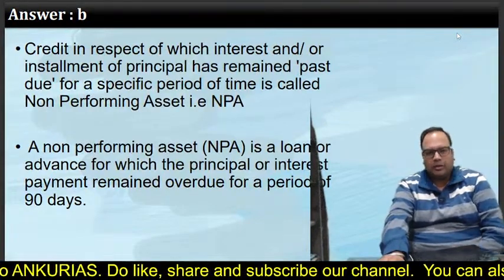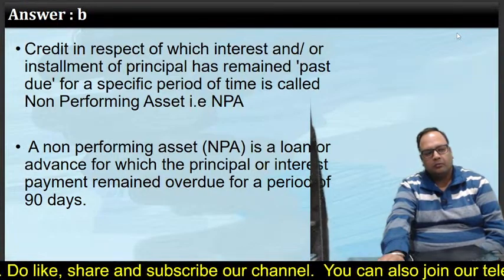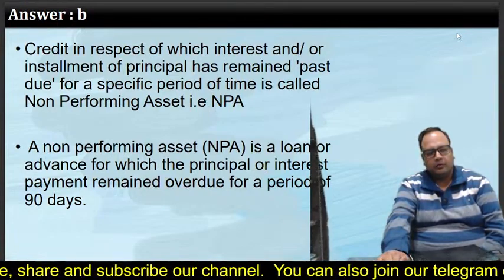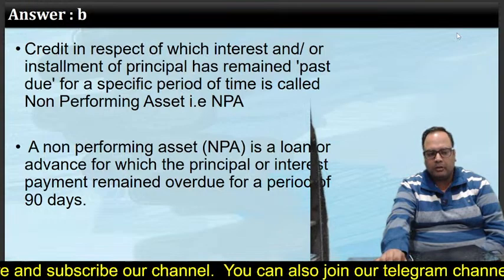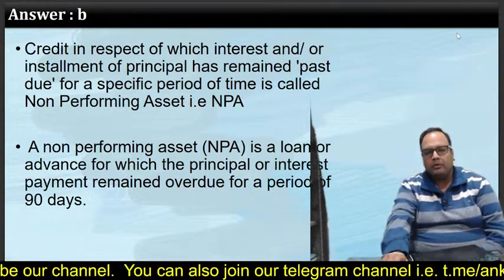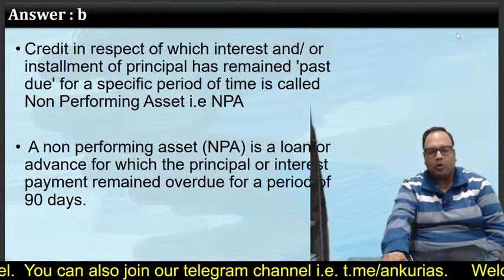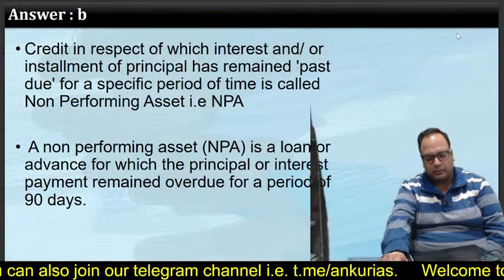Easy one, it's NPA, non-performing asset. There is a specific period of time, usually 90 days. A non-performing asset is a loan or advance for which the principal or the interest payment remained overdue for a period of 90 days.